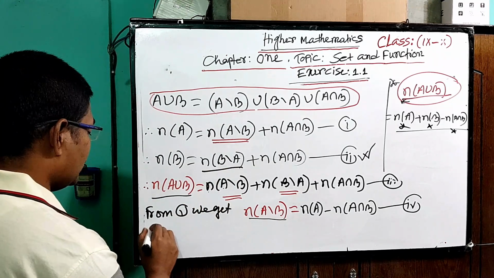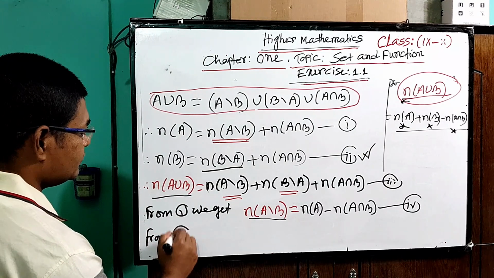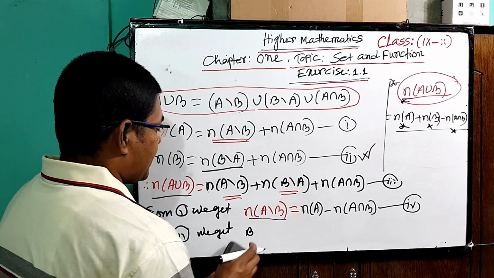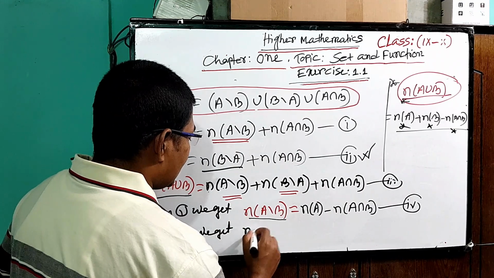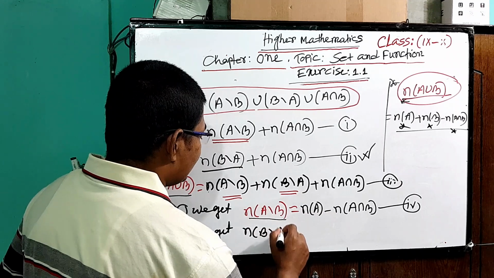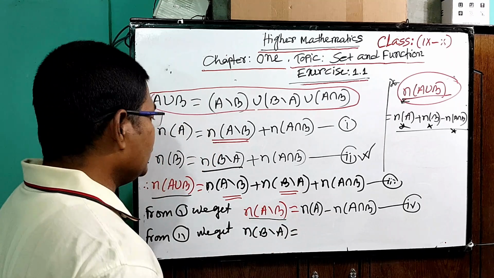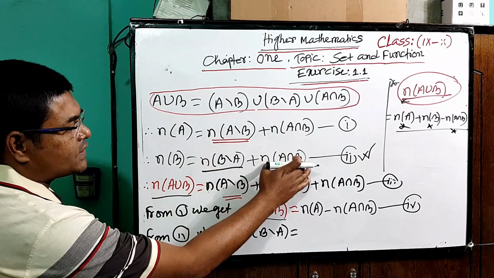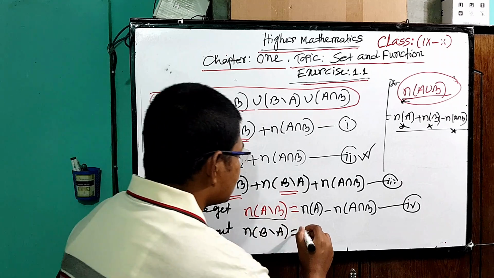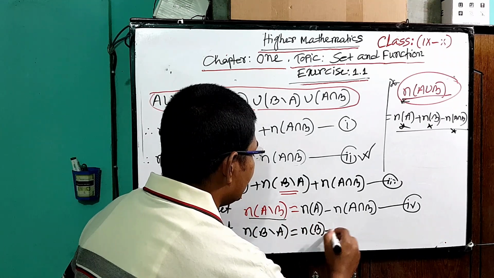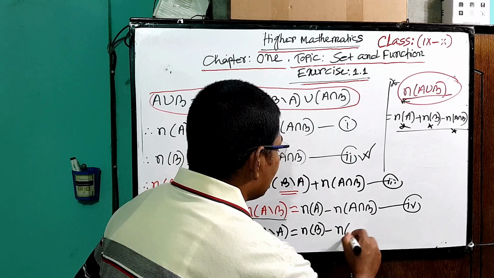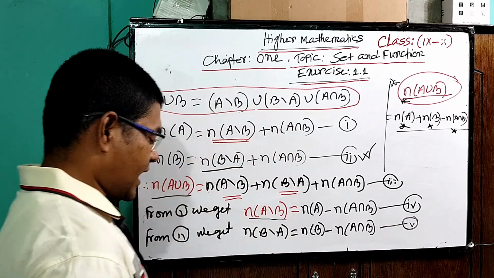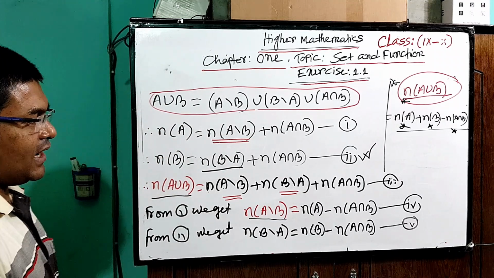So from 2 we get n of B difference of A equal to, keep B difference of A, so this part will be subtracted. So we get n of B minus n of A intersection of B. This is number 5.